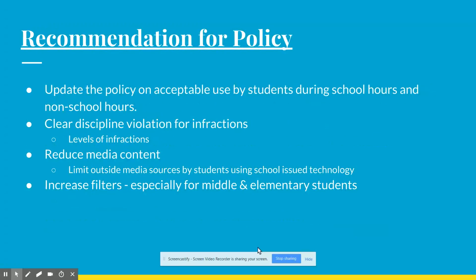Some of the recommendations that I would strongly present to the board is revisiting the technology use and acceptable use policies, and not just looking at the policy, but having clear violation infractions and levels of infractions.